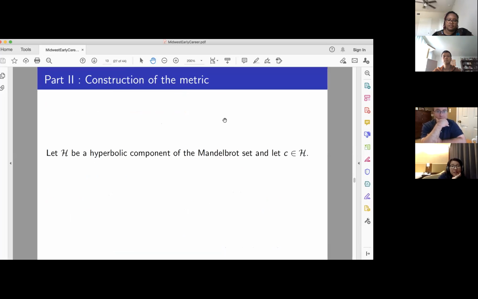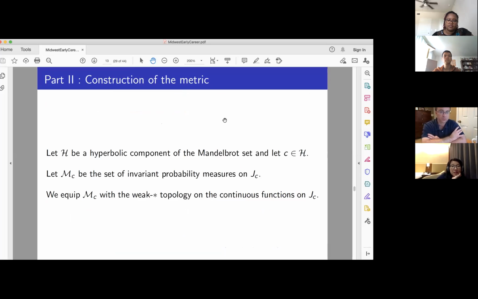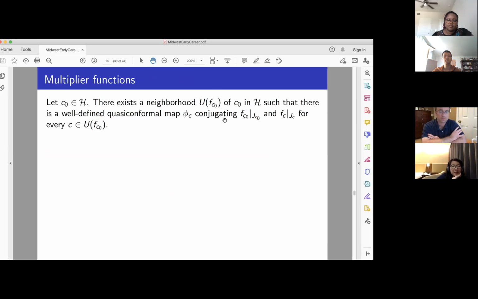So if H is a hyperbolic component, then for any parameter C in the hyperbolic component, we will denote by M sub C the set of invariant probability measures on the Julia set, and we will equip M sub C with the weak star topology. So these are standard things about invariant probability measures.